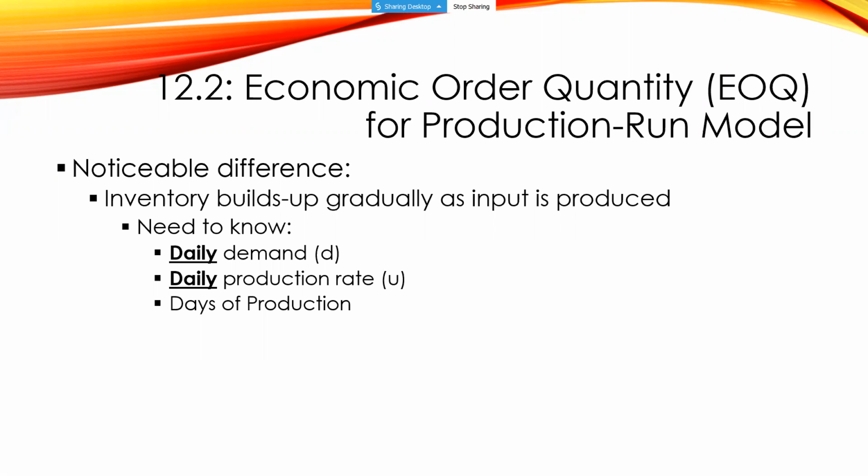Some other items we need to know are our demand, our average daily demand, which we could get from our demand divided by how many days we produce. Daily production rate. And the number of days of production.